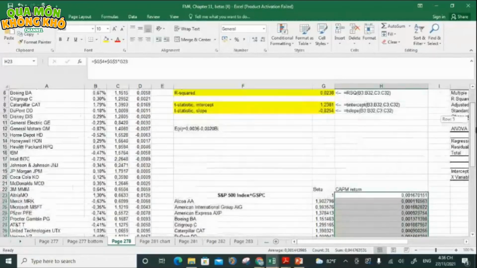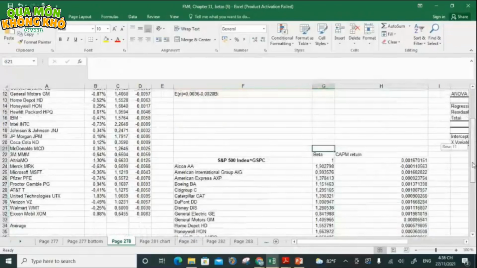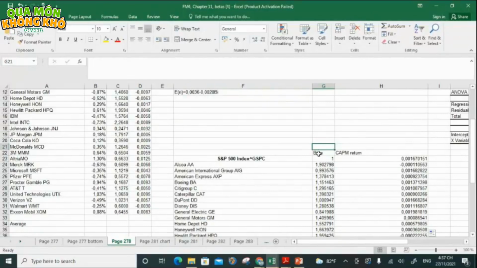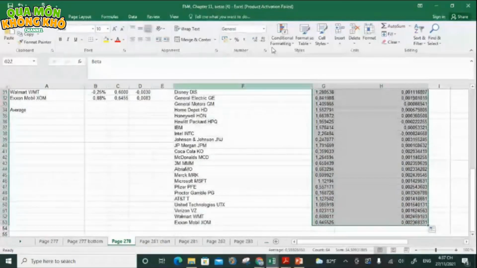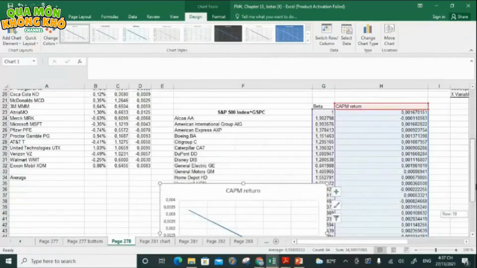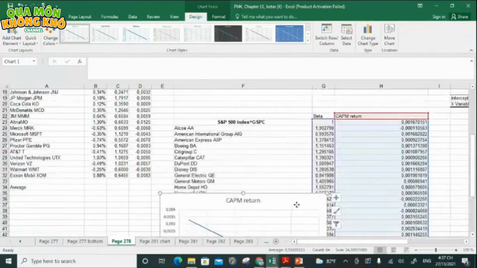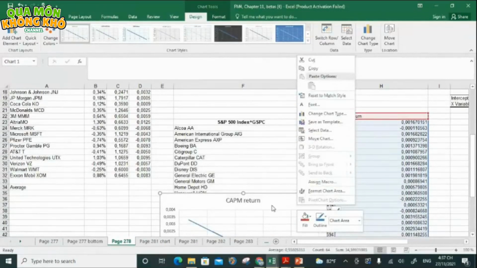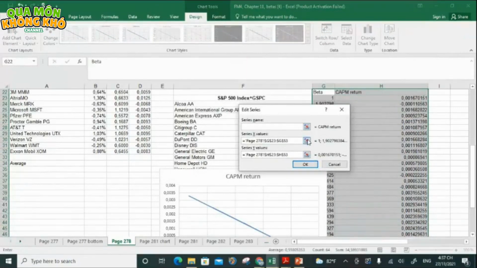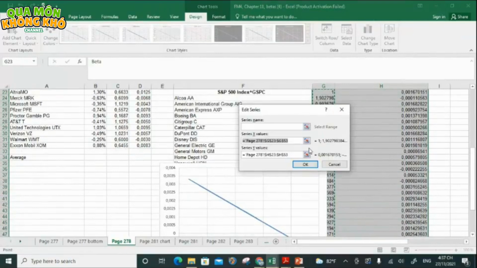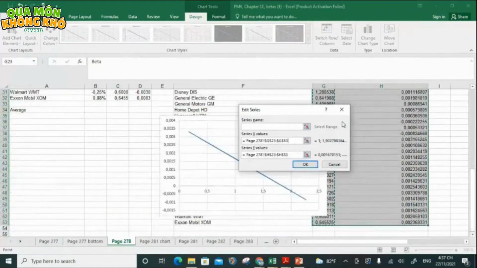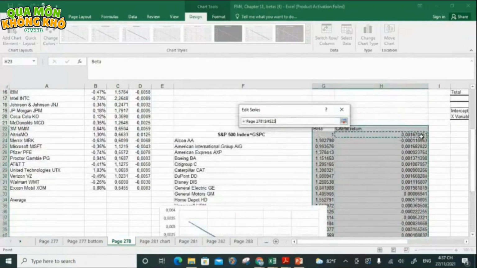Now the graph. Select data. Now the x value here is beta, and the y value is this one.